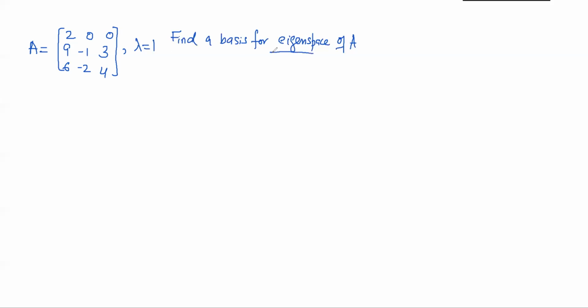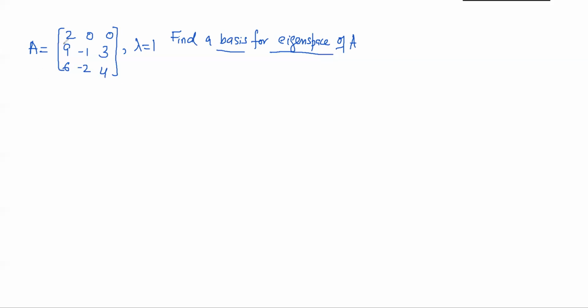Here we are using the word eigenspace. Eigenspace is nothing but the set of eigenvectors corresponding to this A. We need to find the basis for the eigenspace. In this case, you write the equation in augmented form.